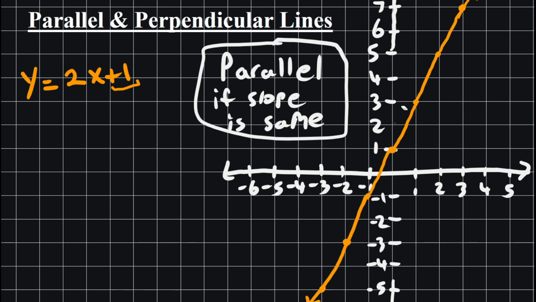Excellent. Okay, so we'll keep the orange equation, y equals 2x plus 1. And now we're going to graph a line that is perpendicular to it. So it is y equals negative 1 over 2x plus 2.